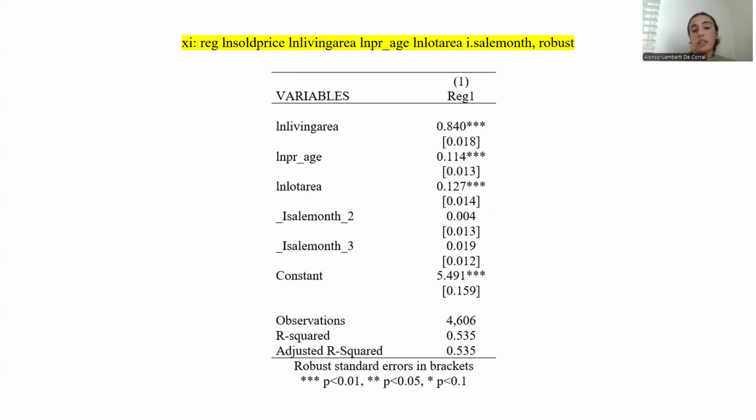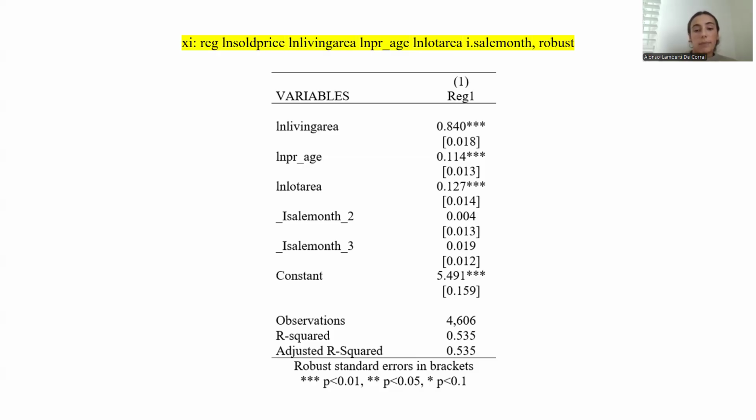A 1% increase in the property age is associated with a 0.114% increase in the sold price, and a 1% increase in the lot area is associated with a 0.127% increase in the sold price on average, holding all else constant. The other two we will not interpret because they are not relevant.